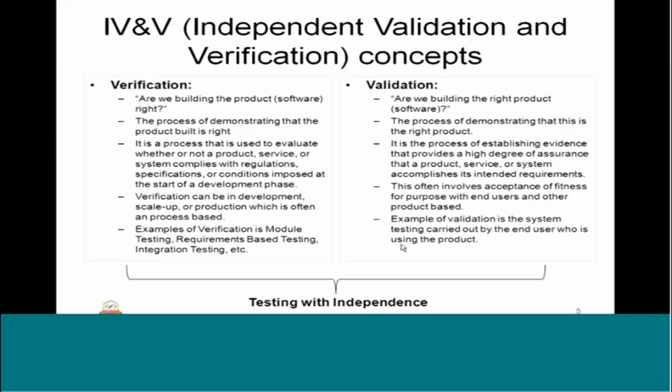That means the product is built right, and it is the right product. What is needed for the end customer is going to be validated. All these aspects, verification and validation, are done with independence because it should not be biased. That is the purpose of IVND.